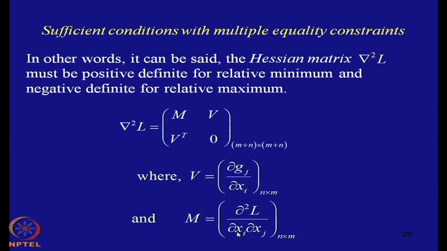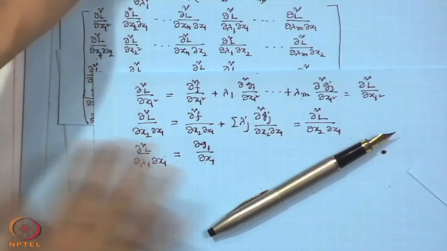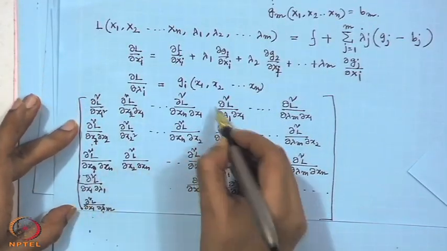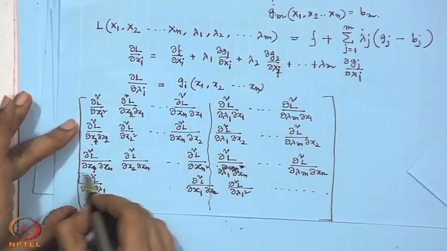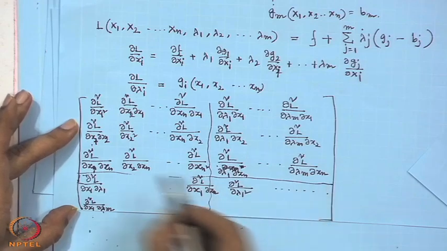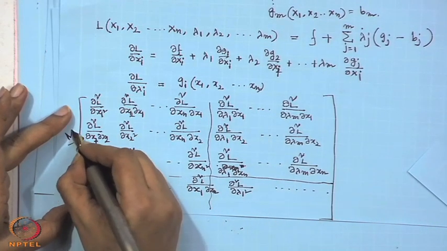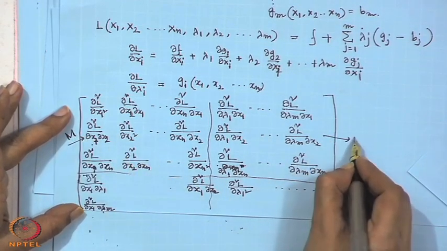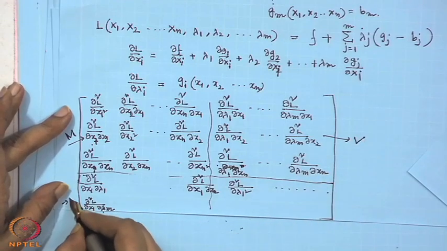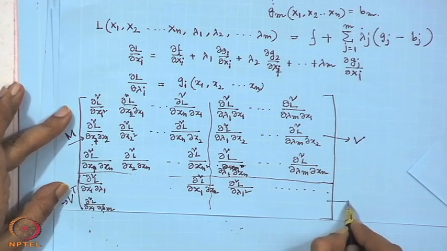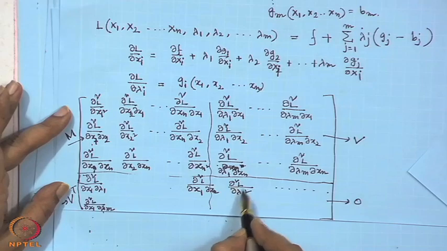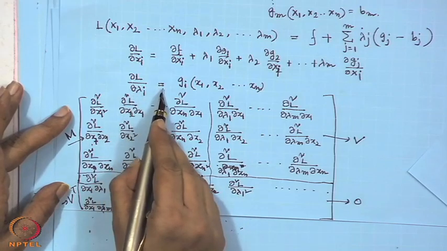If I partition the matrix that I have written in this fashion, we will see that this block corresponds to capital M, this corresponds to capital V, this corresponds to the transpose of V, and here it will be 0 because del 2L by del lambda 1 square will be 0.